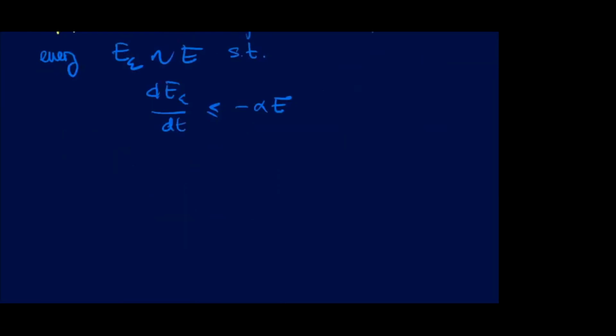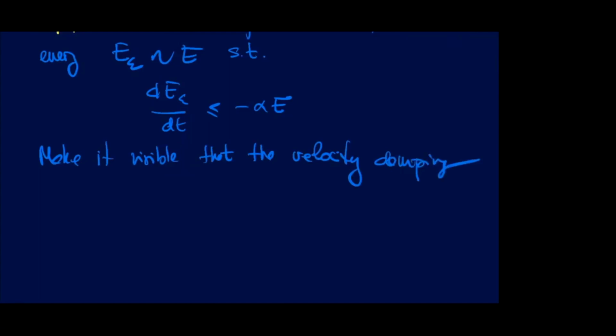So this means make it visible that the velocity damping has also an impact on the potential energy.